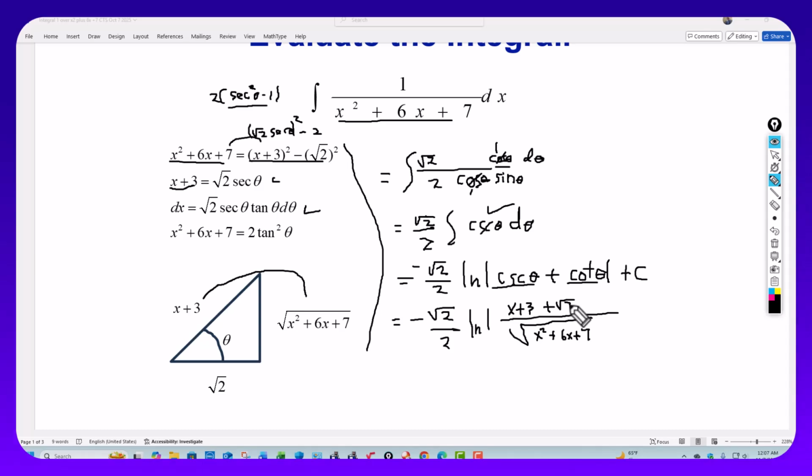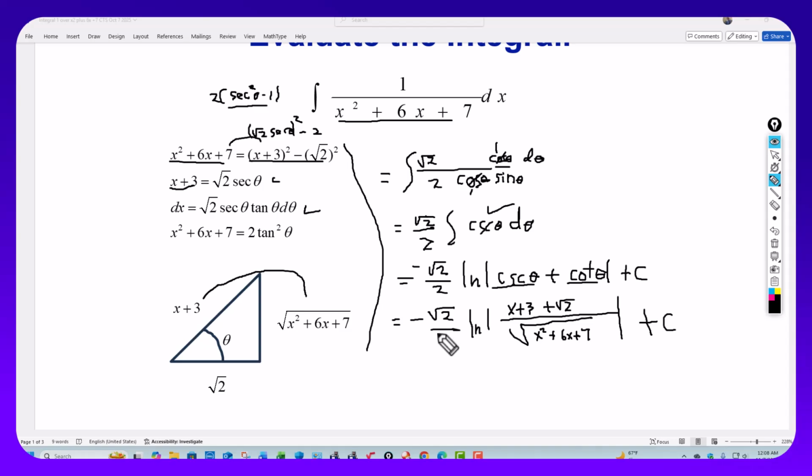This also will be the square root of 2 over the same denominator. So instead of writing two expressions, I have one expression inside the natural log, x plus 3 plus the square root of 2, over the square root of x squared plus 6x plus 7 plus the constant of integration.